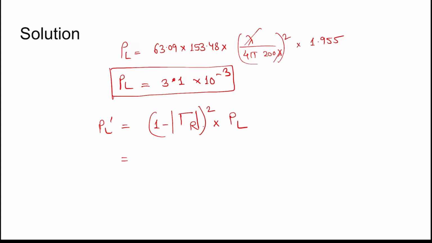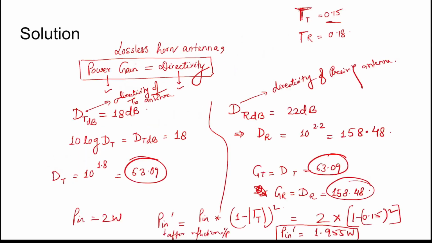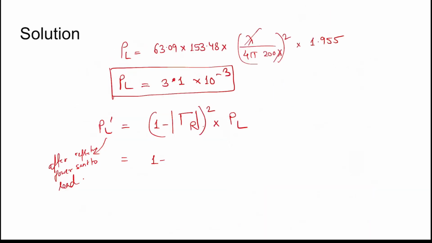So the actual power sent to the load after reflection is 1 minus 0.18 whole square multiplied by 3.1 into 10 to the power minus 3.